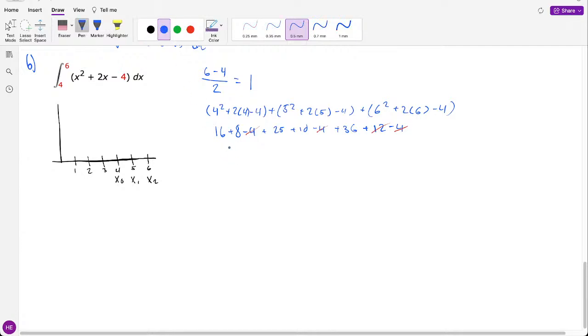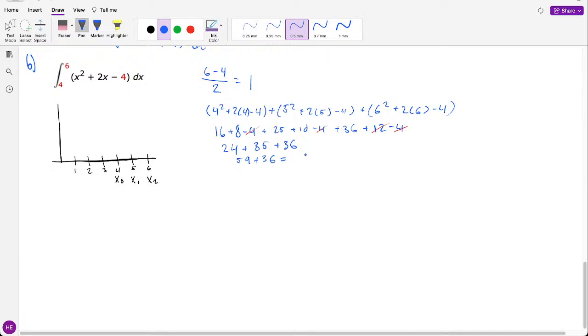So we have 16 and 8. That's going to be 22. My brain's fried. 24. And then plus 25 plus 10, that's 35. And then 36. Bring that down. These two together are going to be 59 plus 36.